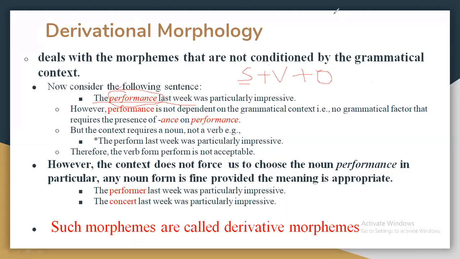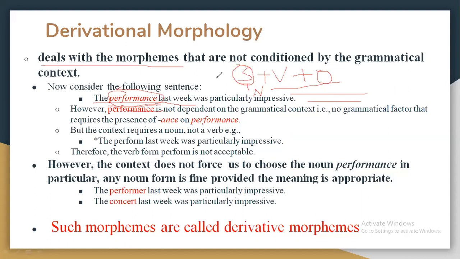And what do we write at the position of subject? Noun or verb? Subject means noun, right? So we have written performance here, not performs or performed or performing, right? Because it is a place of subject. We are not changing the form because of present tense, past tense, and future tense, etc.